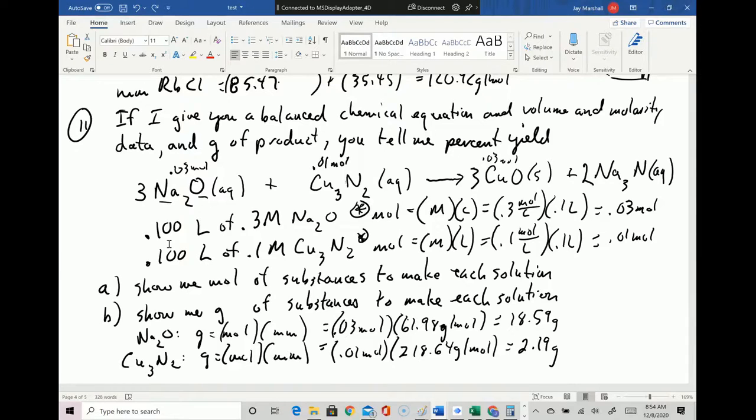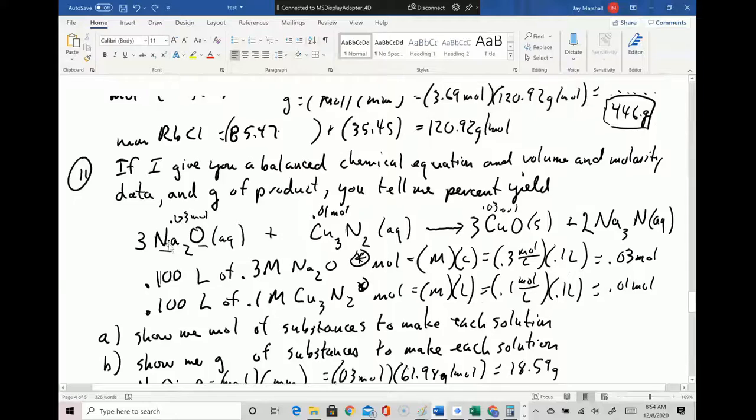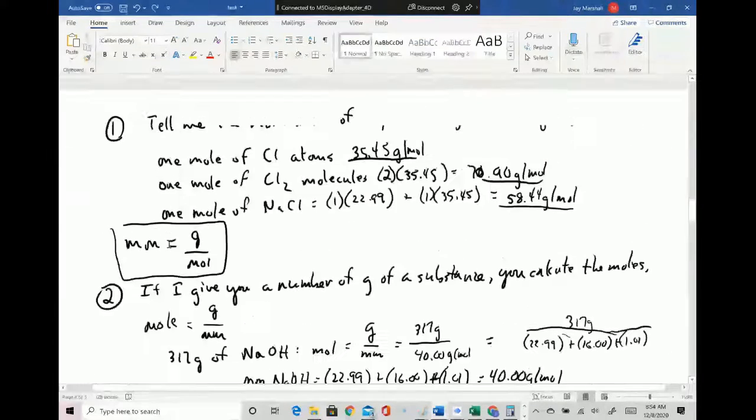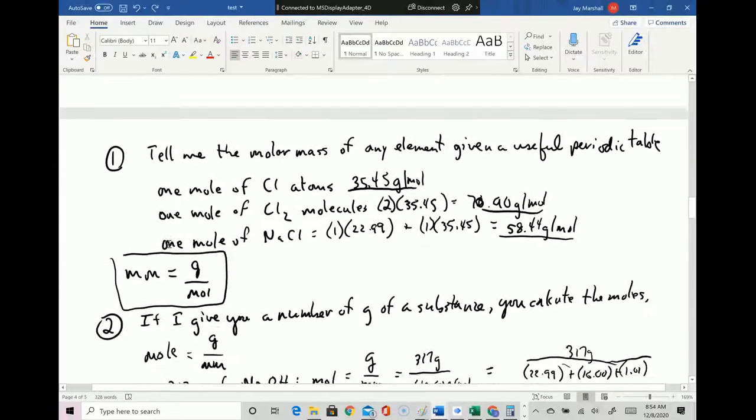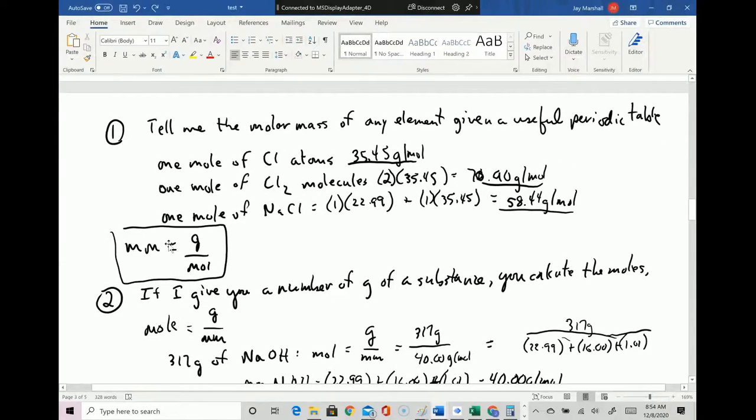The way that I would study for this is that I would take each of these skills and try to create your own problems. Okay, so for example, I would find formulas for other compounds and calculate their molar masses.